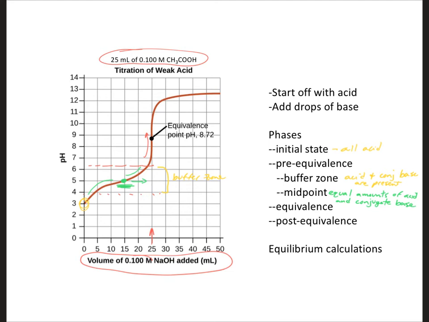Now again, we said this equivalence point is not set at the pH of 7, because at this equivalence point you have acetate ion in solution. And as we'll see in a few minutes, when that acetate ion is in solution, it's going to grab some protons off of water, just like we learned about during the hydrolysis of salts lecture. And when it does that, it's going to set up that system to be basic or alkaline.